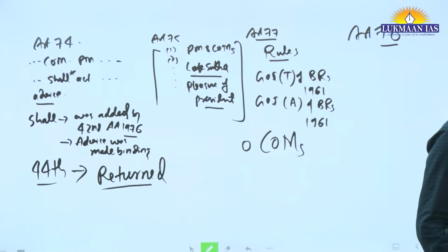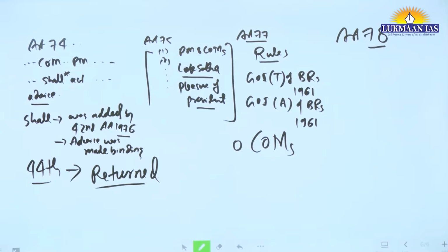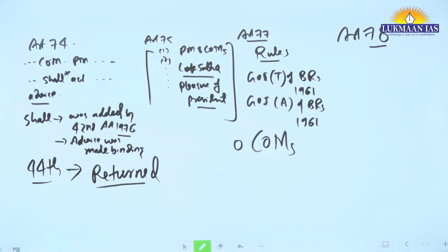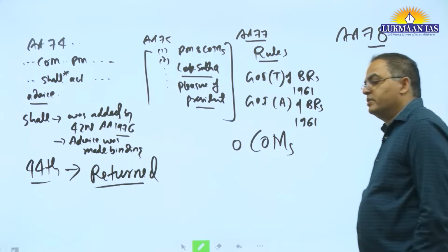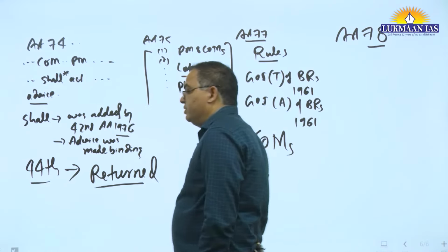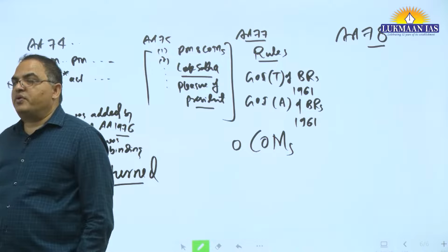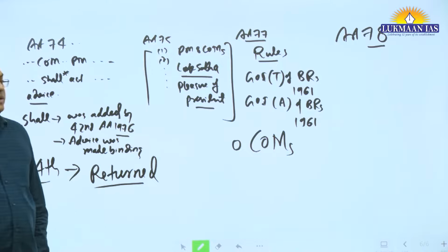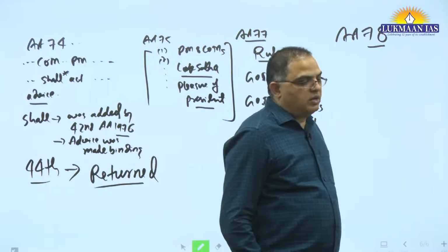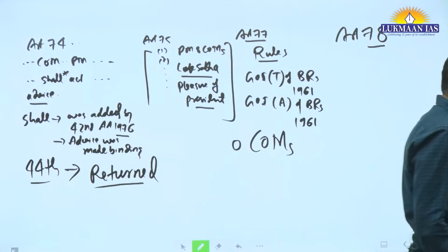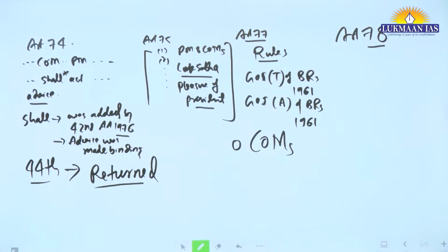Rather, he will first try to find out the formation of an alternative government. If not possible, then the house is dissolved.